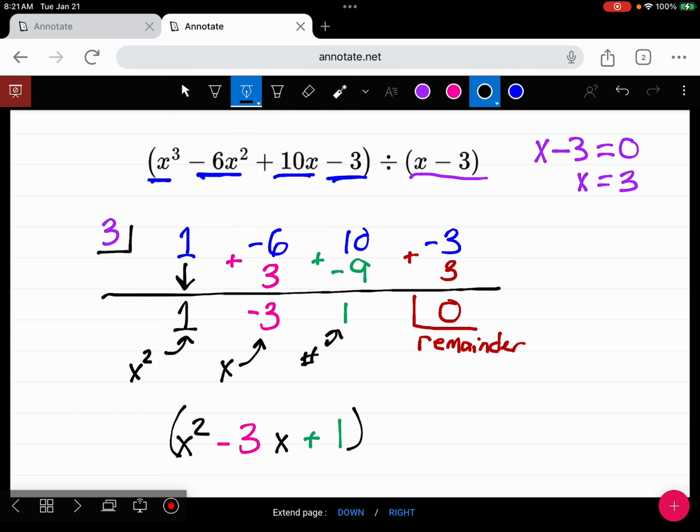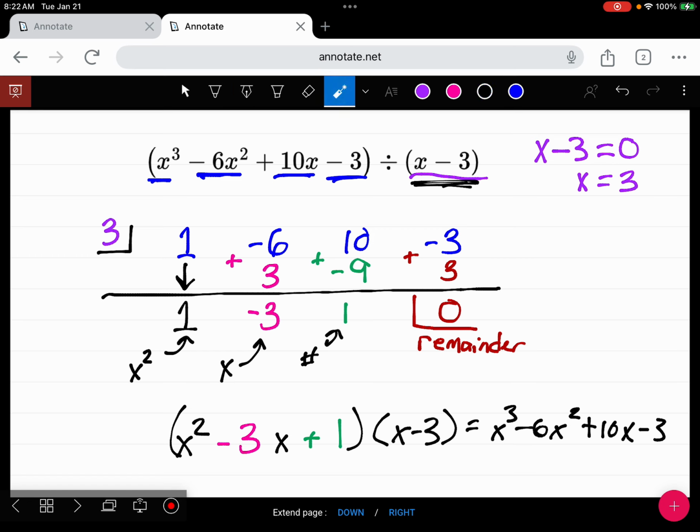So this piece, if we multiplied it times this guy right here, times that x minus 3, we would get back our original function, that x cubed minus 6x squared plus 10x minus 3. We get right back to the original thing. And if you ever want to double check and see if you've done it right, that's a great way to do this. Multiply these back out, we should get exactly to what we started with. Okay?